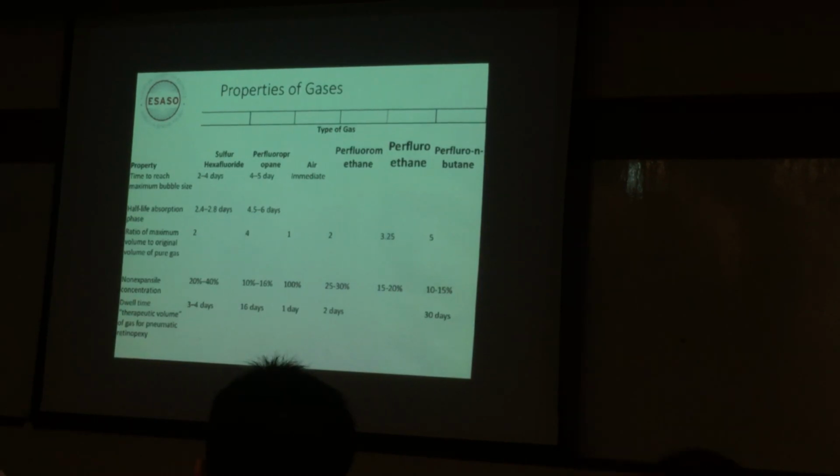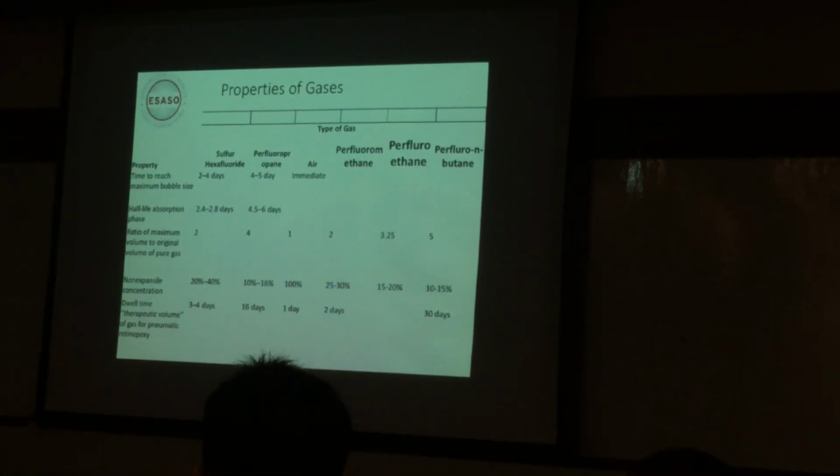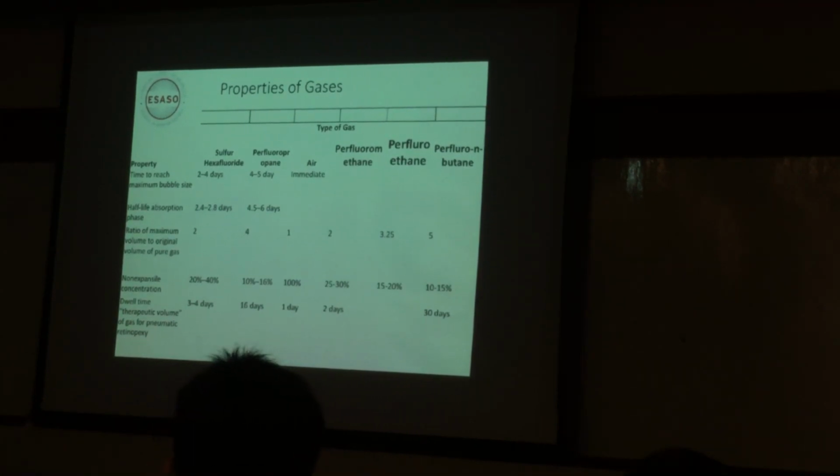So basically this summarizes the type of gas, how long it takes to reach the maximum bubble size, what the half-life of absorption is, and what concentration you need to use so that you do not cause a dramatic increase in intraocular pressure. Yeah? So the non-expansile concentration is very important.